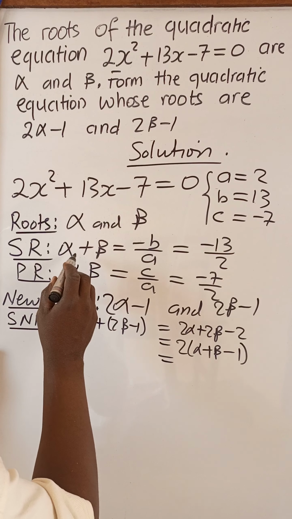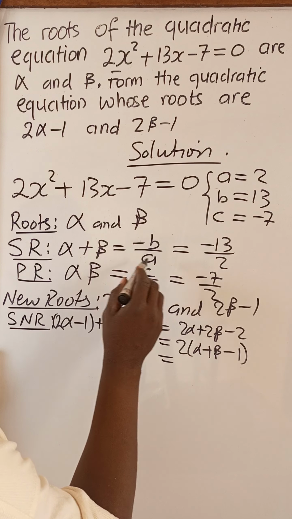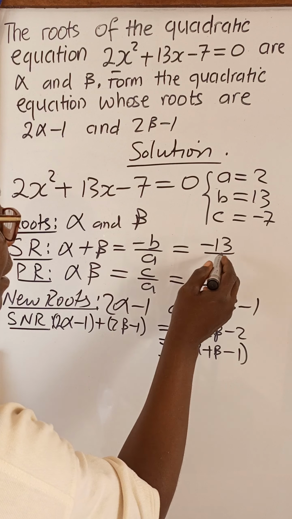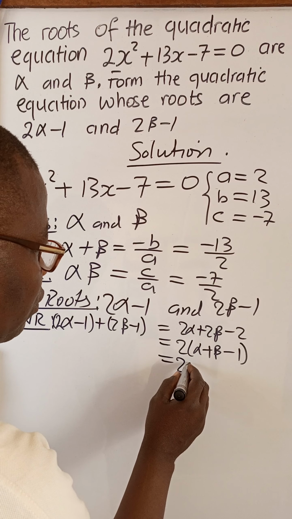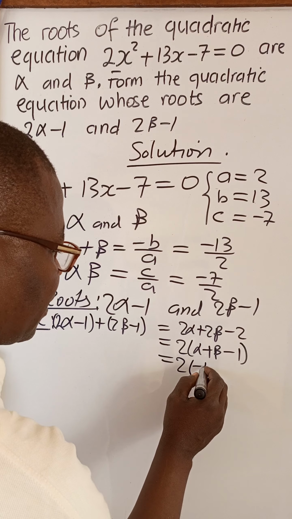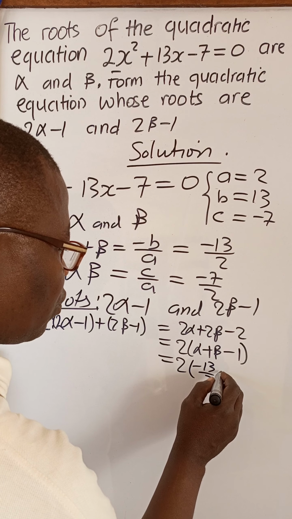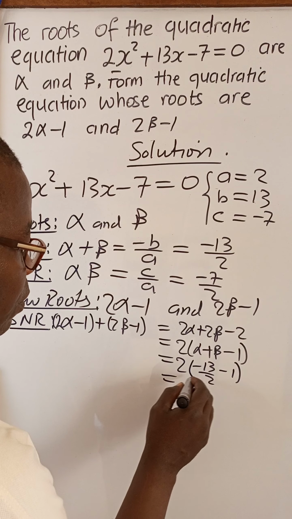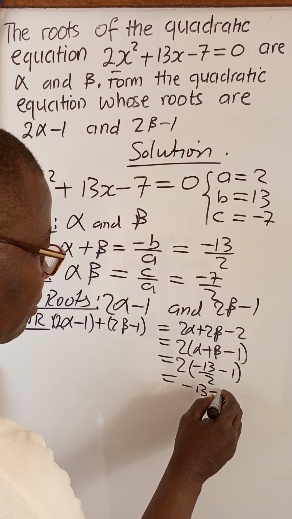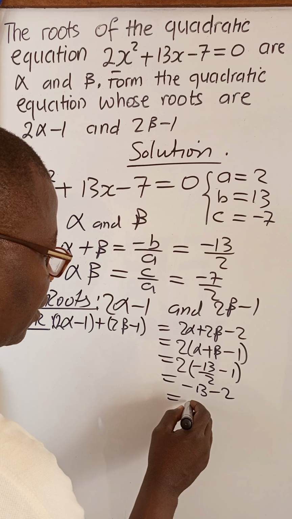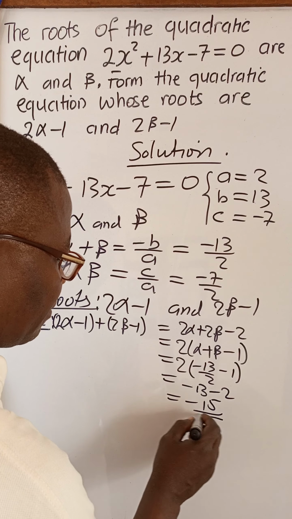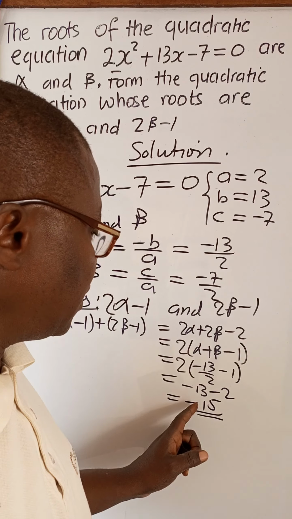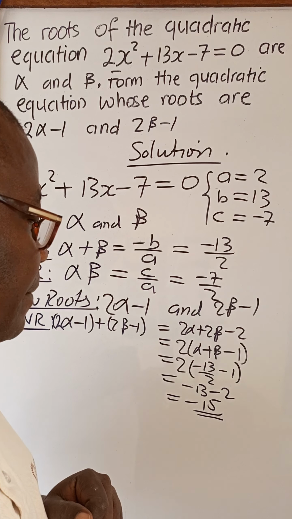Now, we know alpha plus beta is negative 13 all over 2. So we have 2 into negative 13 all over 2 minus 1. So that should just give us, with this 2 multiplied here, negative 13 minus 2, which will just give us negative 15. Alright? So sum of new roots is negative 15.